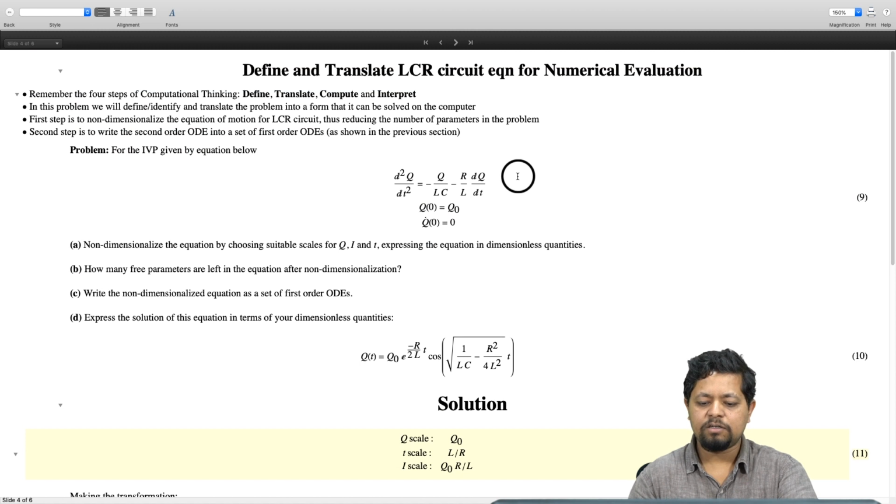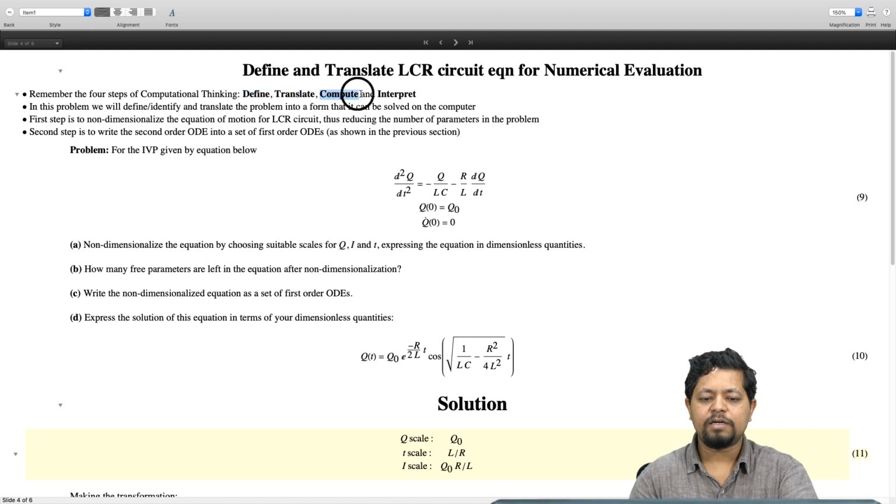So let's go ahead and prepare this LCR circuit for numerical evaluation. There's one more step that we need to do before we can actually employ Euler's method. Remember the 4 steps of our computational thinking approach: define, translate, compute, and interpret. What we are going to do now is work on the first 2 steps, define and translate.